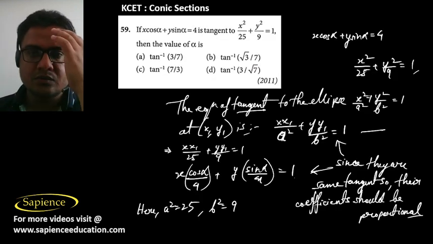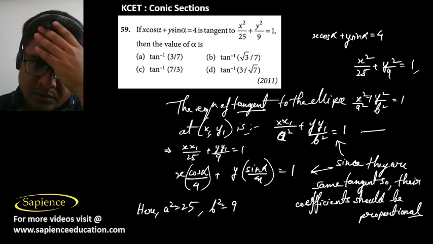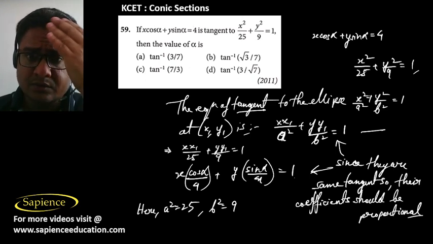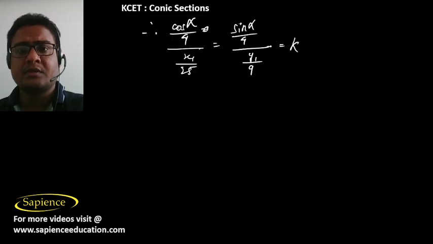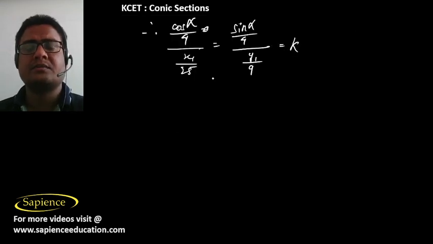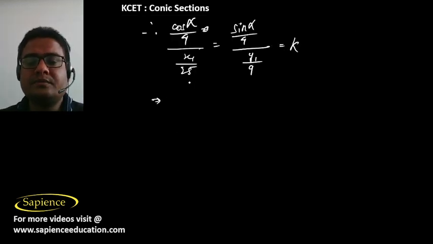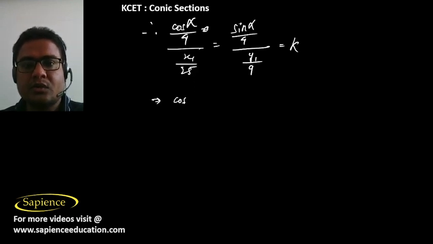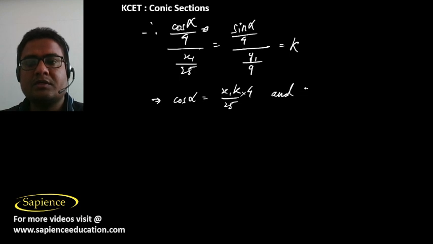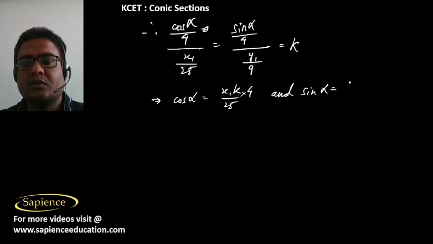So cos alpha by 4 divided by x1 by 25 and sin alpha by 4 divided by y1 by 9 are equal to some constant k. So we can say that cos alpha is equal to x1 k by 25 into 4, and similarly sin alpha will be equal to k into y1 by 9 into 4.